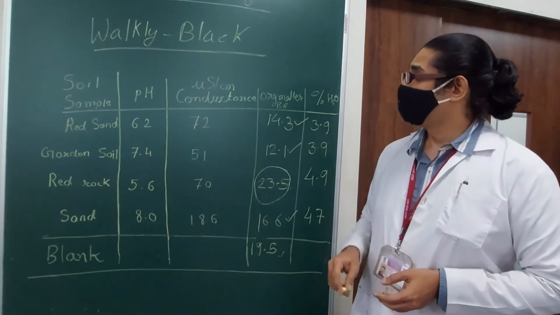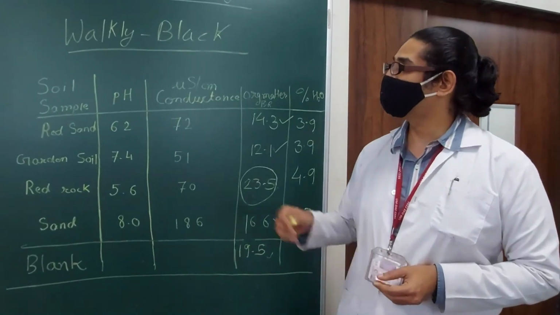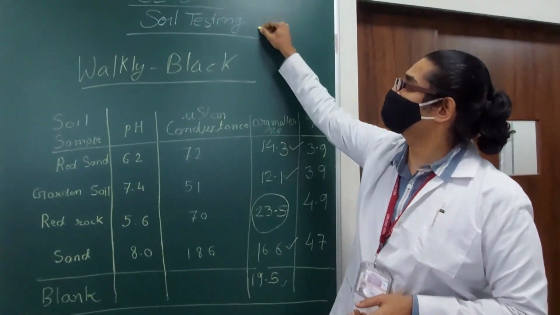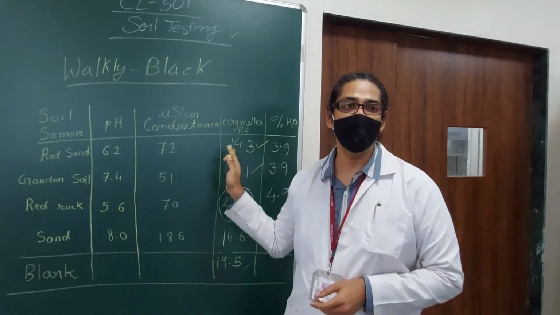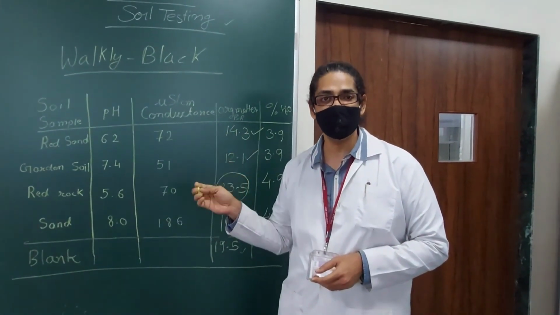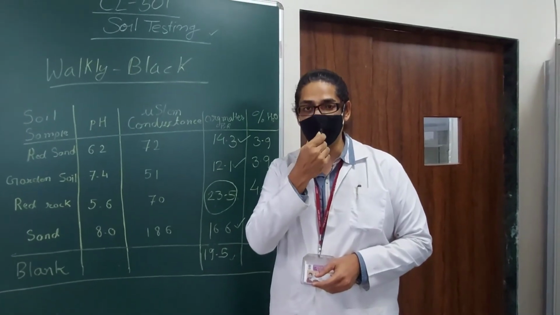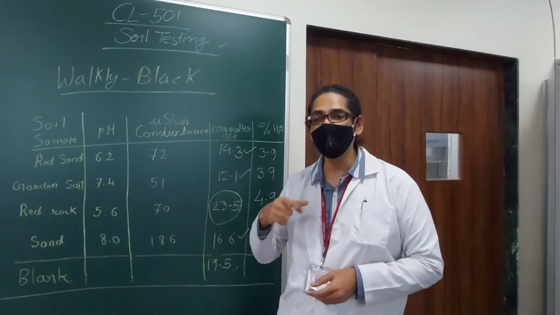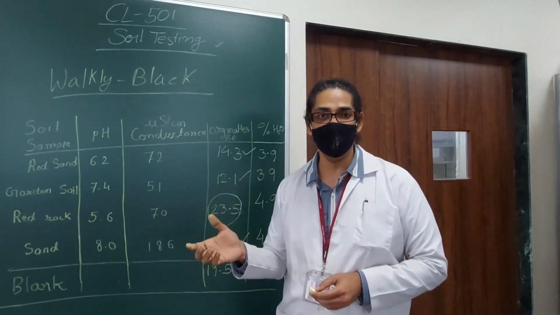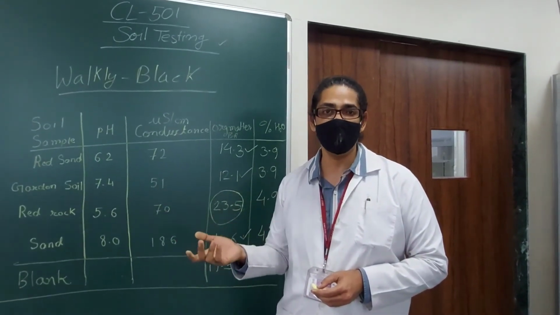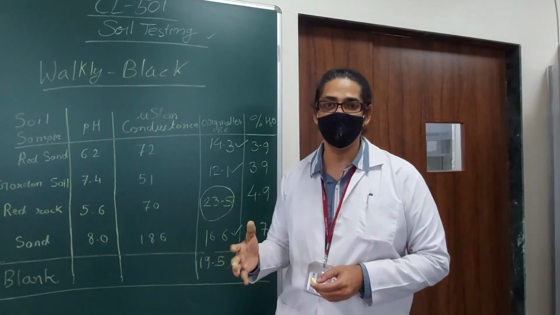And that's all we have to say today for this soil testing. But this is not all. The important thing is the NPK estimation: nitrogen, phosphorus, potassium. Most of the cases these days, rapid testing kits are available. You can buy them off the shelf and use them. It's very simple.